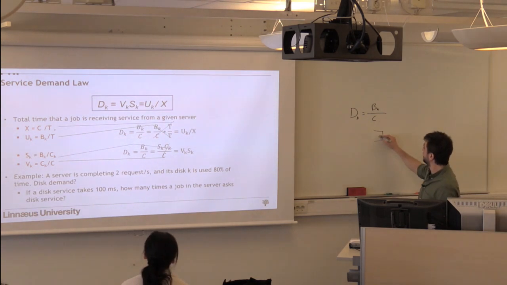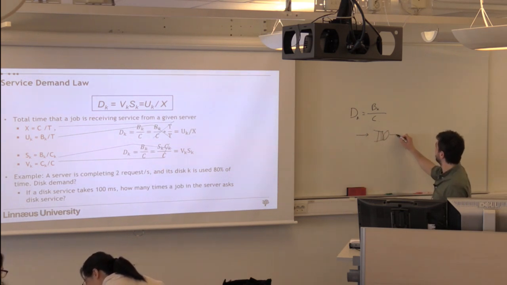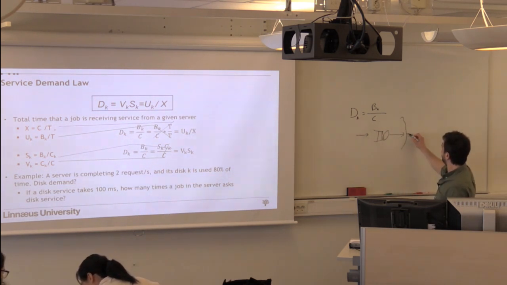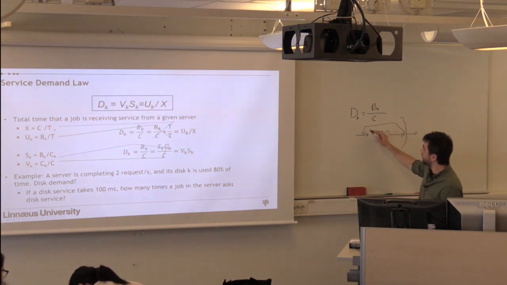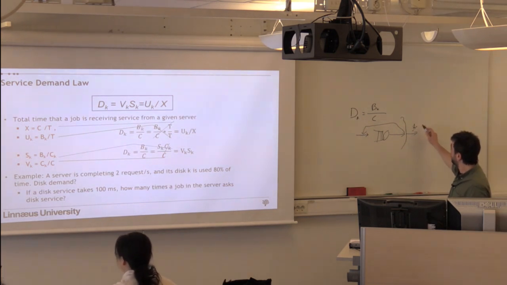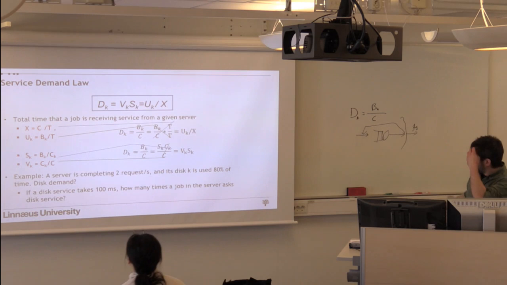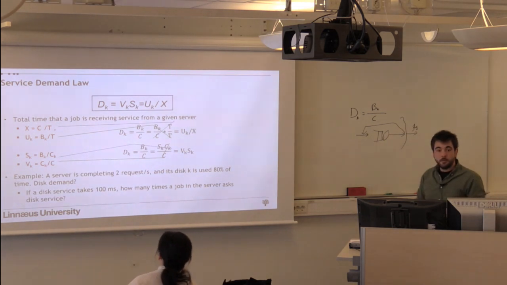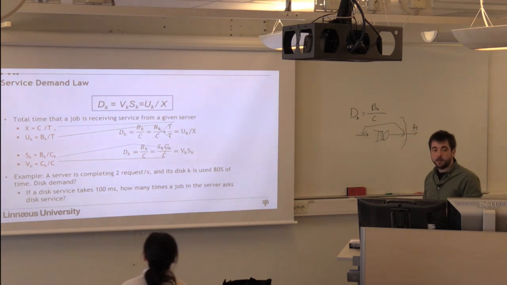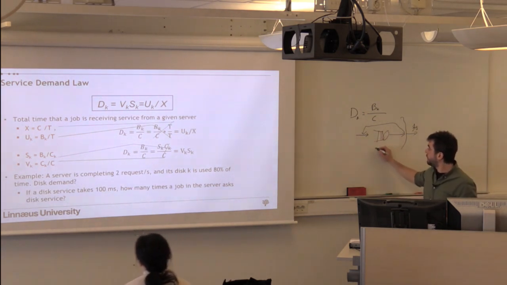So at some point a job comes in, and at some point it will depart the system, and something happens here that it comes back. If we are seeing that it goes 1 request per second, and that this is busy half of the time, 0.5 seconds, the demand of each job will be 0.5 seconds.